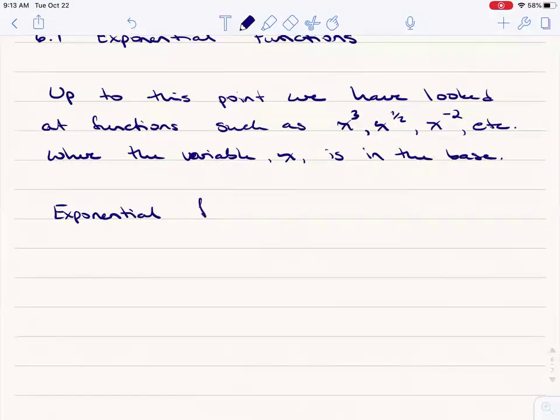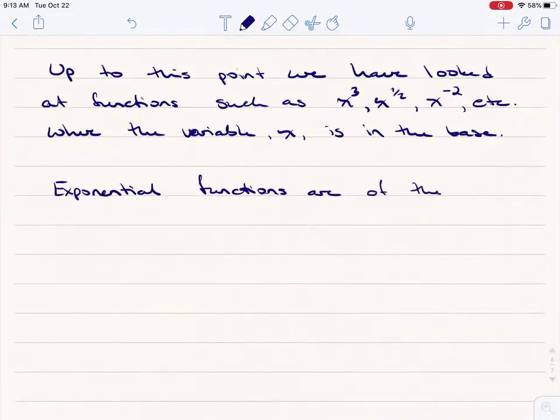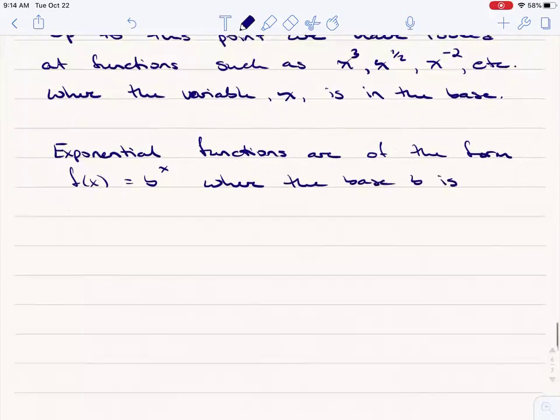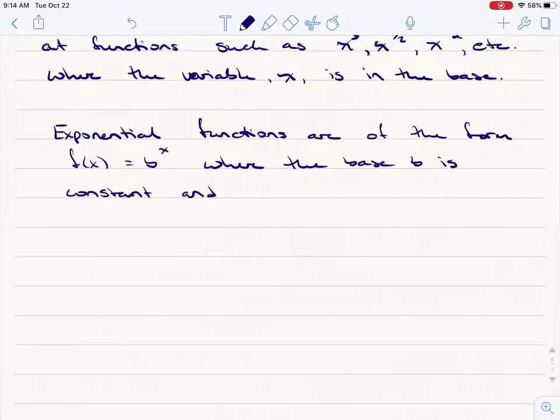So exponential functions are of the form f of x equals b to the power of x, where the base b is constant, and the exponent, x, is the variable.